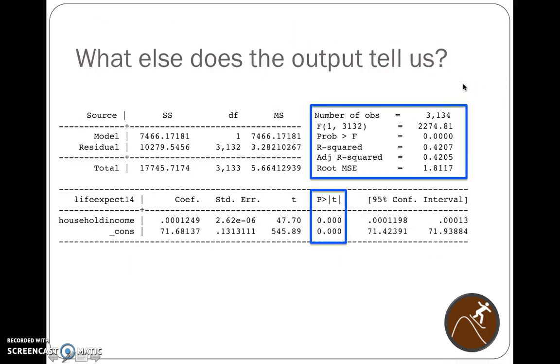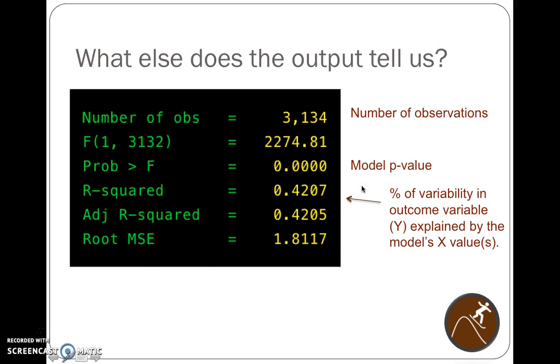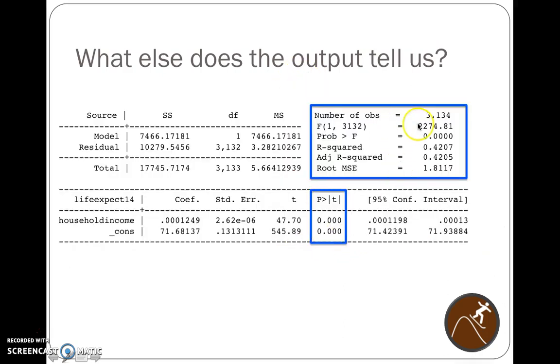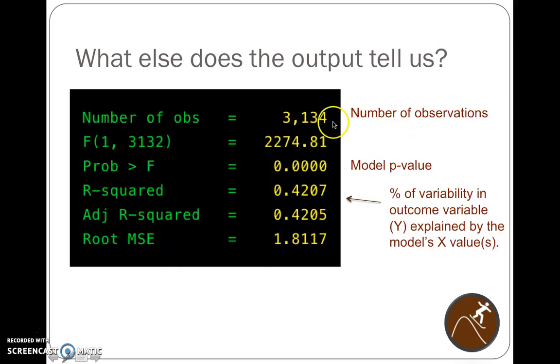Now, we need to understand real quick again what the output means. So we have this output up here and we have all this output here. What does all this mean? So the output up here that was in this top right corner gives us the number of observations. It gives us the p-value for the entire model.